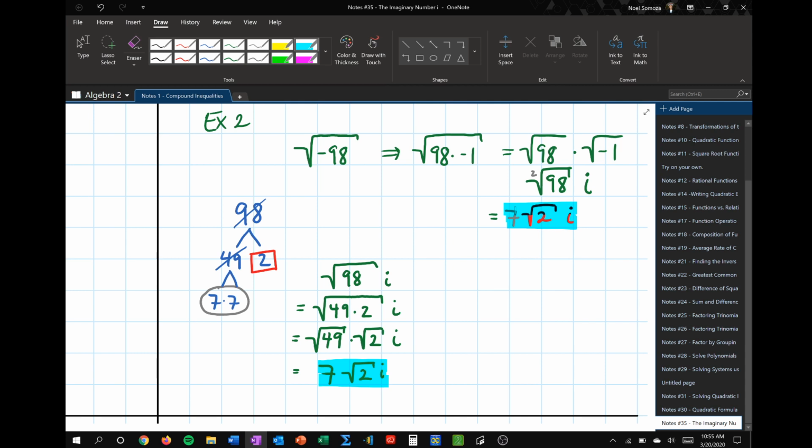All right, let me find another example similar to this so we can practice the factor tree a little bit more. Give me a second.